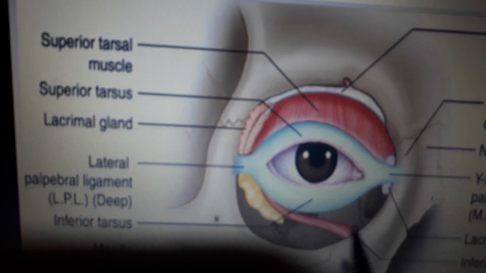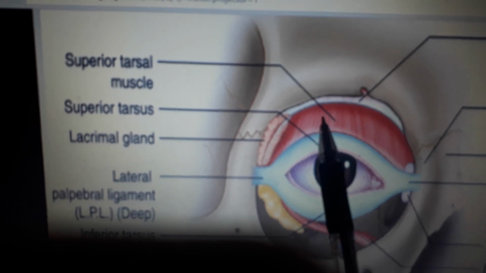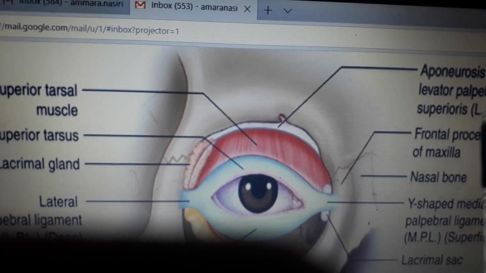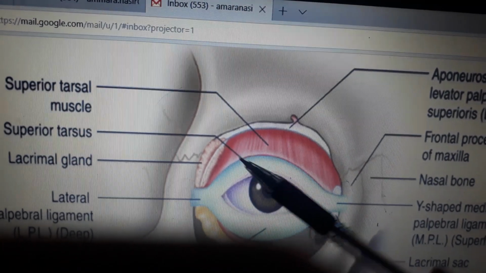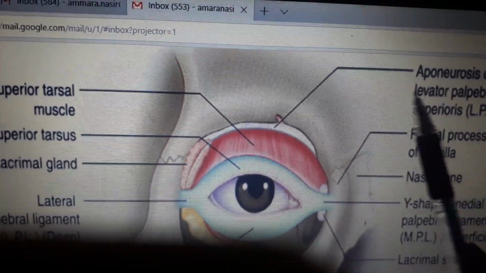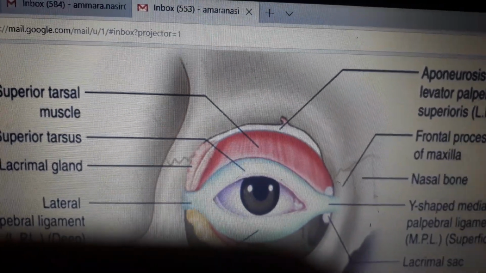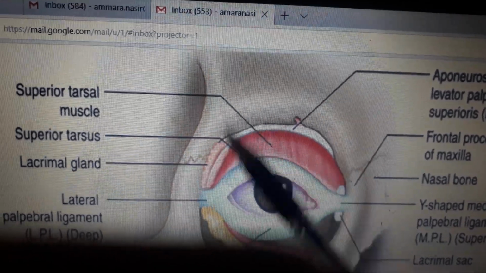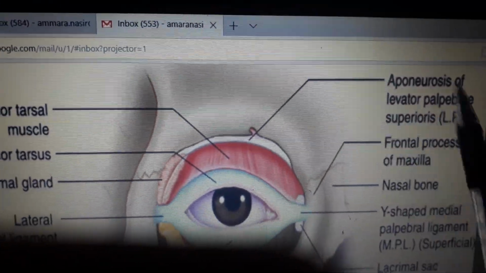Also present are the superior and inferior tarsal muscles, which assist the aponeurosis of the LPS. It is attached to the aponeurosis of levator palpebrae superioris. The superior tarsal muscle assists the LPS.